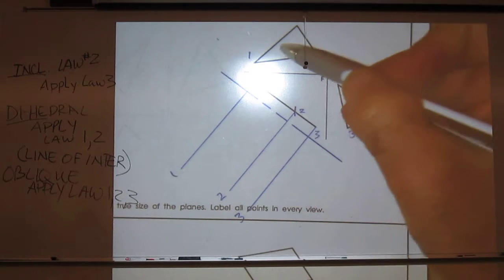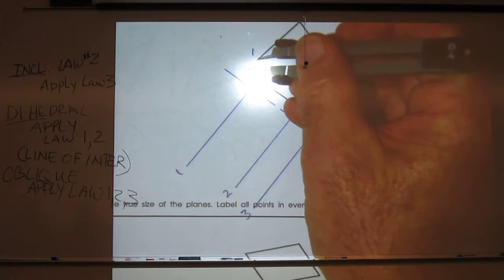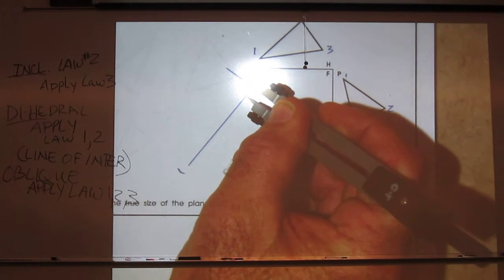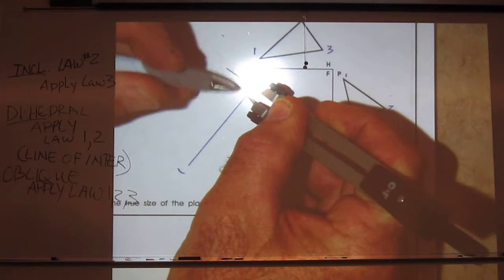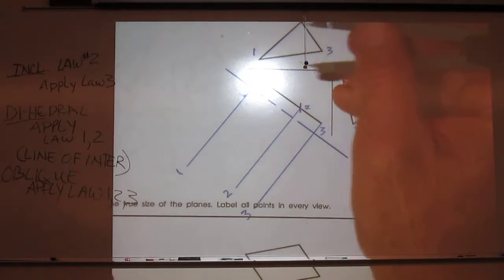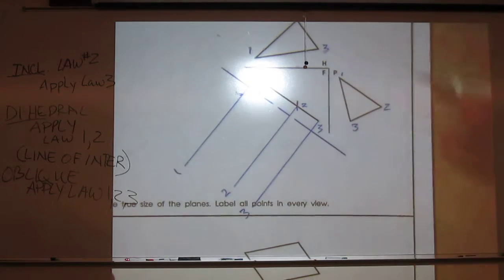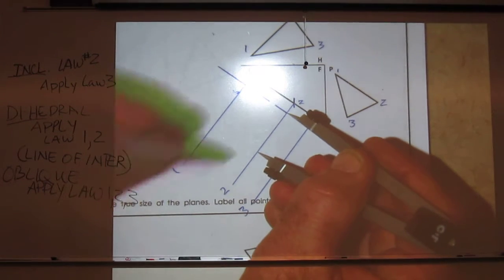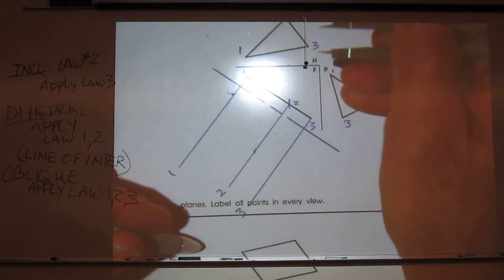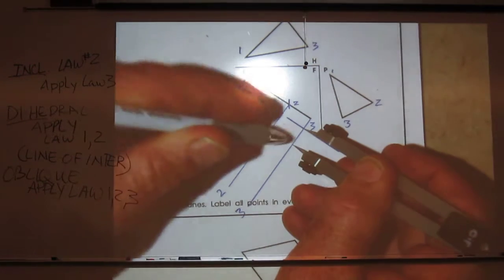I projected from one back. I'm going to go to this view or this view. They should equal. So I just grab the distance from the fold line to point 1. So there's 1. Then I do fold line to 2. And then fold line to 3.